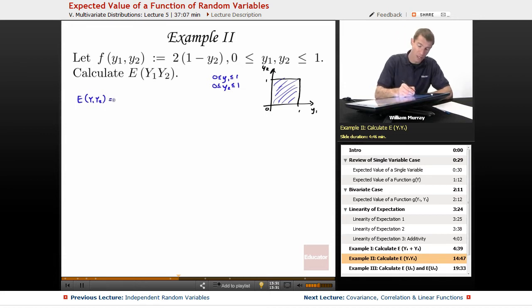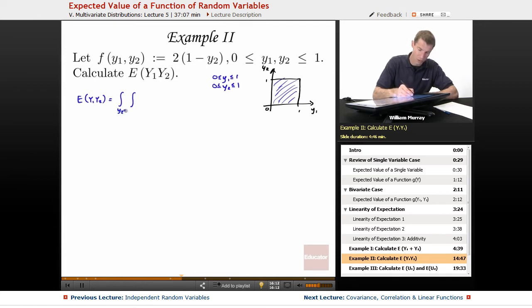So remember, the way you calculate that is you set up a double integral on your region. Y1 equals 0 to 1. And actually, maybe I'll list the y2 on the outside. They're both constants, so it'll work the same way either way.